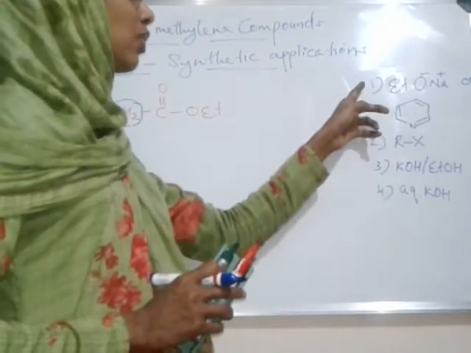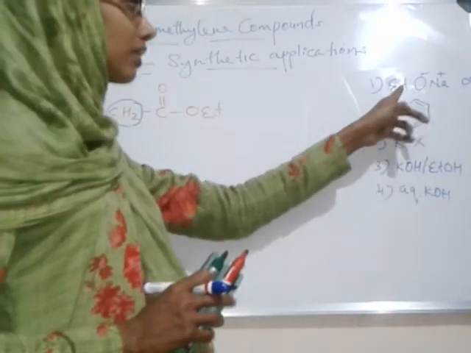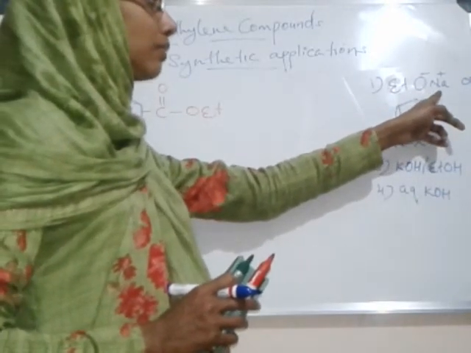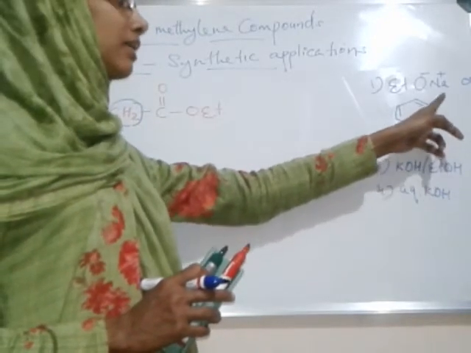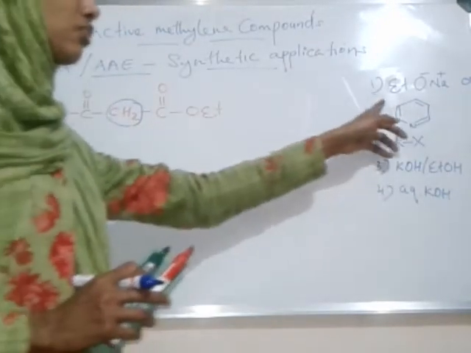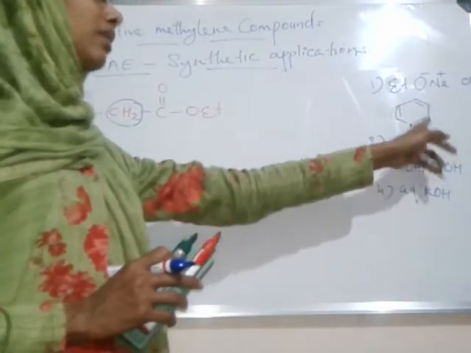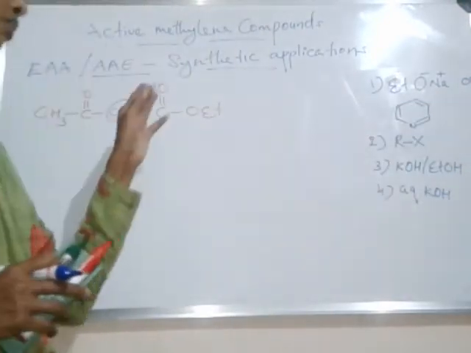That is, first you can react with sodium ethoxide or a base or weak base like pyridine. Sodium ethoxide is a strong base and pyridine is a weak base.